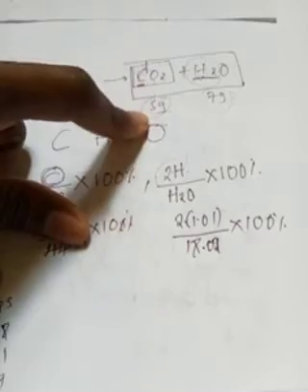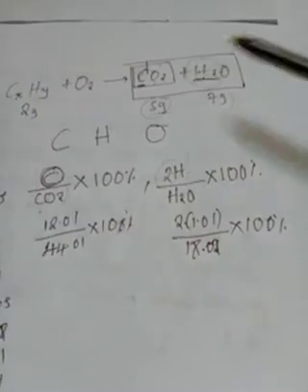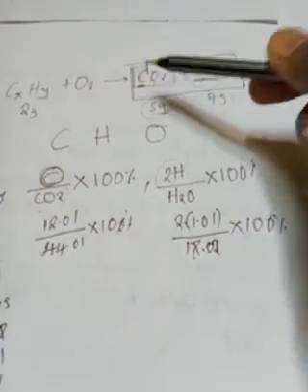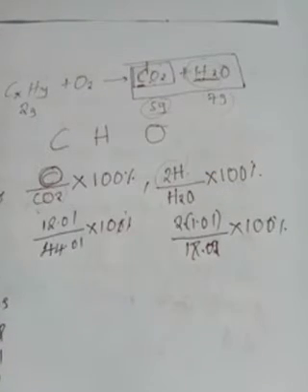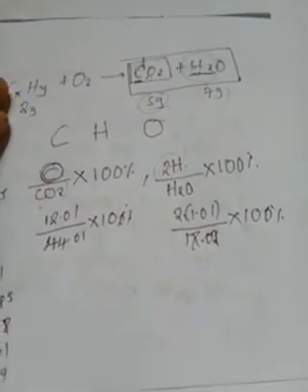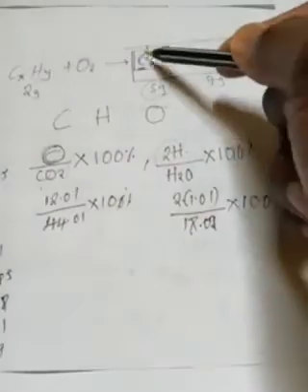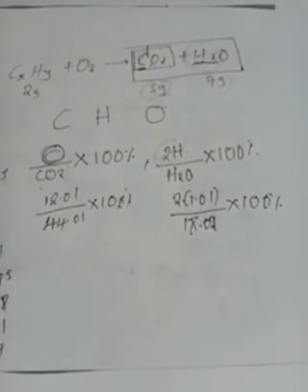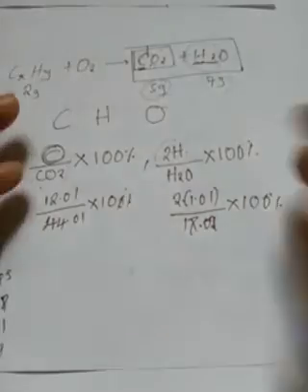How are we going to find the mass? I'll keep on repeating this. After finding the percentage of carbon in carbon dioxide, I'll use the same percentage by dividing it by 100. Then you multiply with this mass. You're going to understand that it will give you the exact mass of carbon in carbon dioxide.